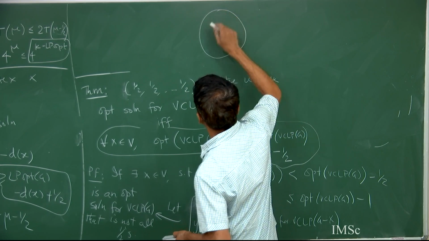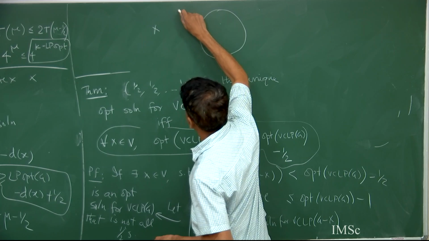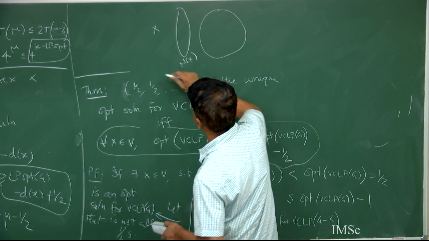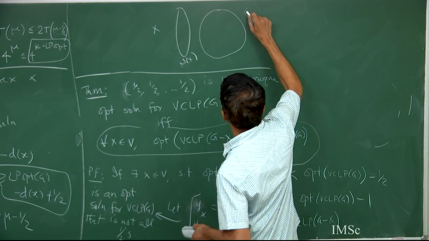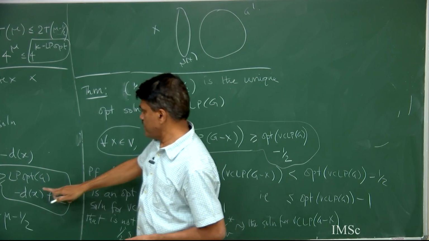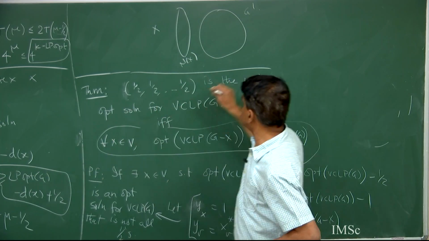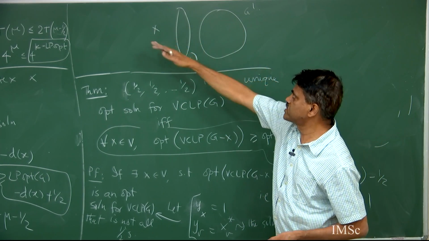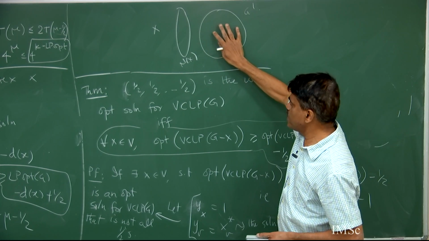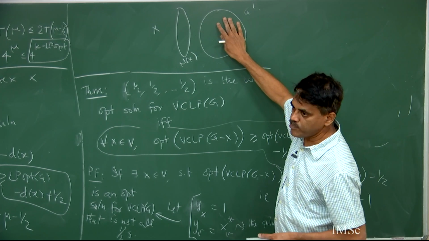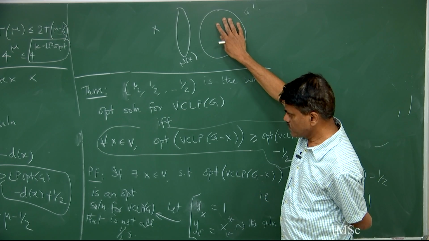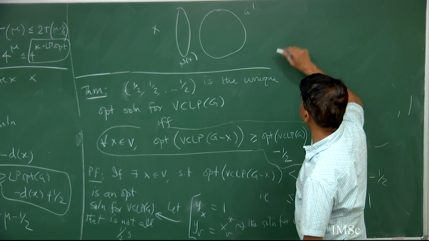I have x here, its neighbors here, and this is the remaining graph. This is G prime. I have deleted x and all its neighbors, so this is removed. Now, I claim that the LP optimum value does not decrease by much. Suppose not, right.